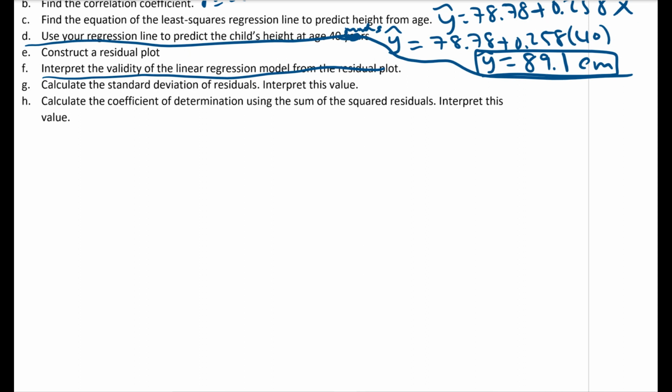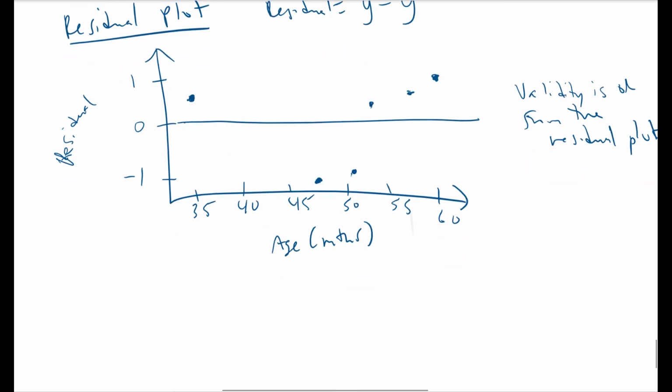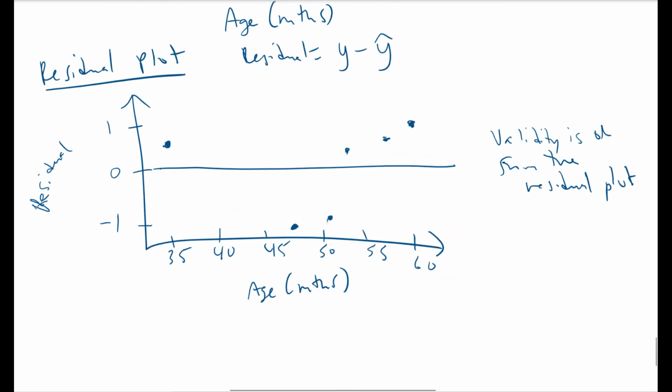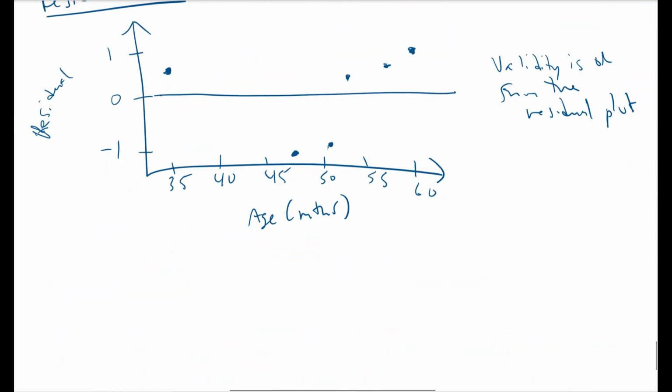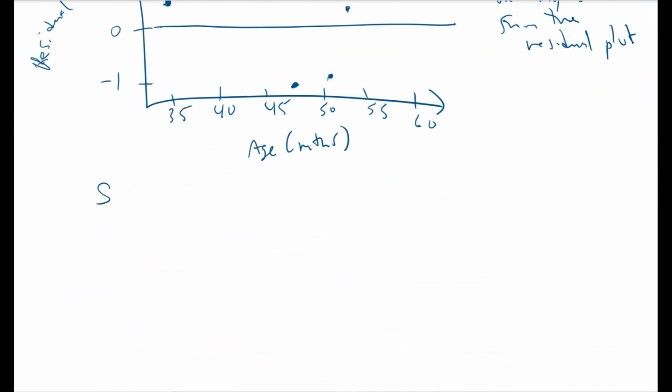Okay. So calculate the standard deviation of residuals. To calculate the standard deviation, we'll need to give you the formula for S. So the formula for S, I'll just do it over here. So the standard deviation of residuals.